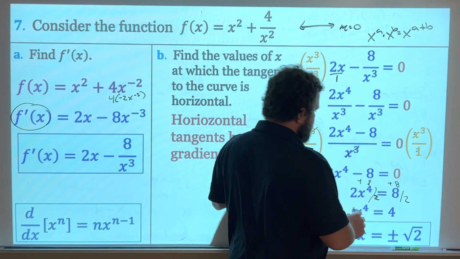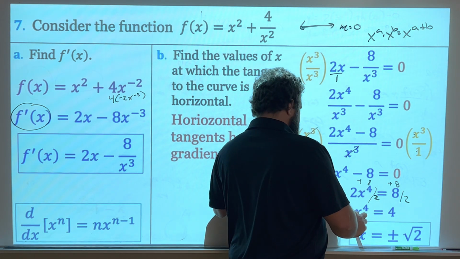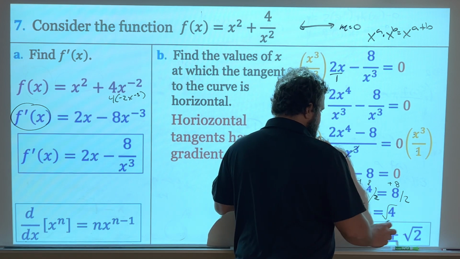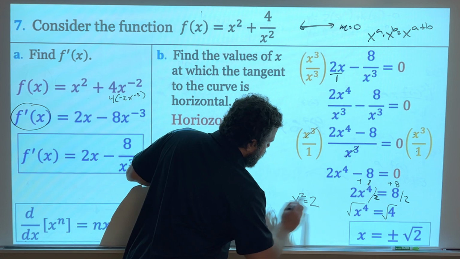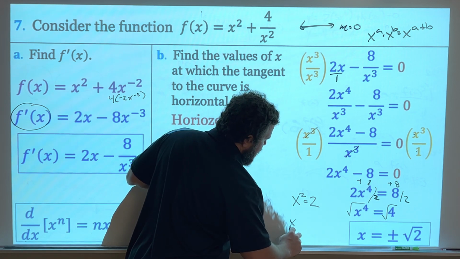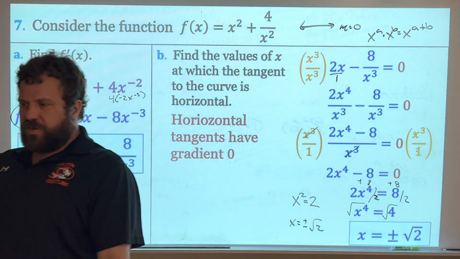All right, the reason for this is if I take the square root of both of these, I end up with x squared equals 2. Therefore, x equals plus or minus square root of 2. All right, it's just a tricky way to do it.